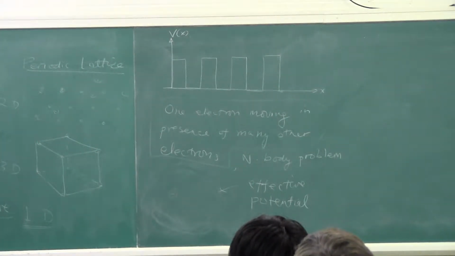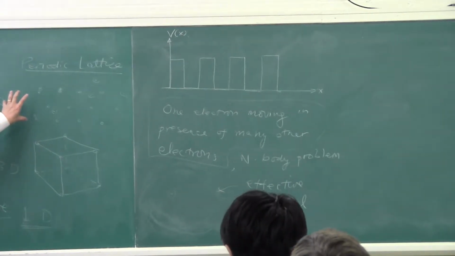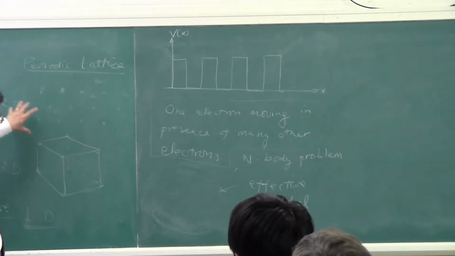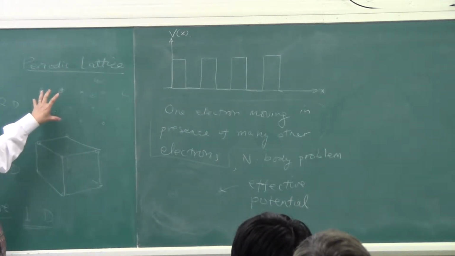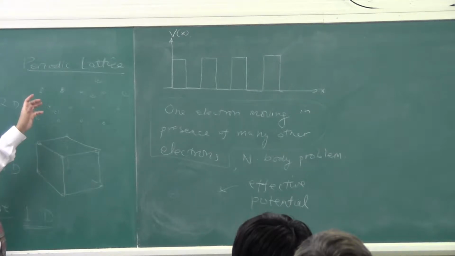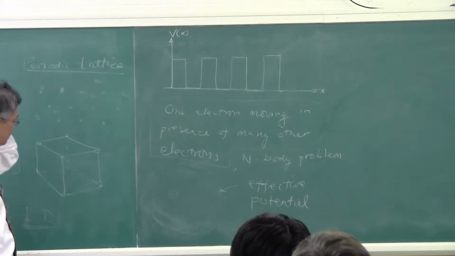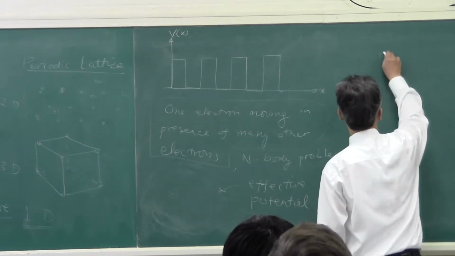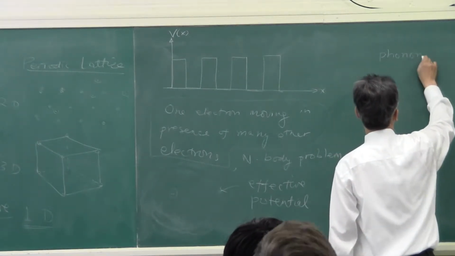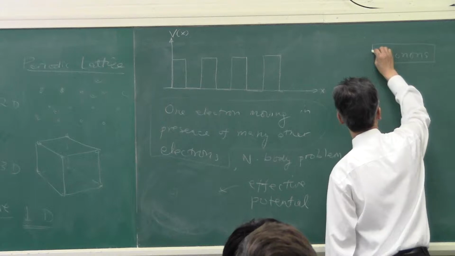Another thing that you should take note of is that these are nucleus. So when the electron moves about, they collide with the nucleus. The nucleus are not truly stationary. They vibrate. Okay, they could vibrate. And when they vibrate, they give rise to vibrational modes called the phonons. Okay, you will learn what a phonon is later on.